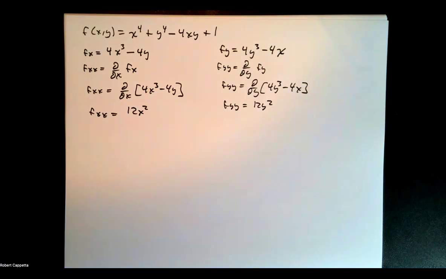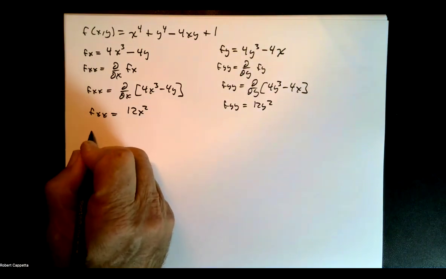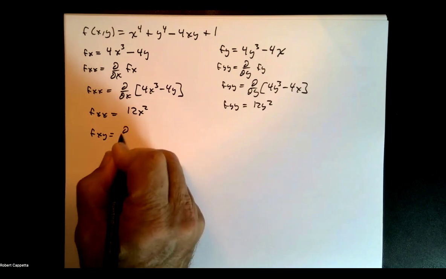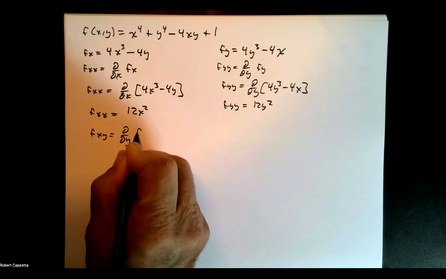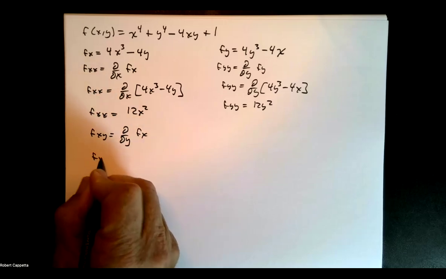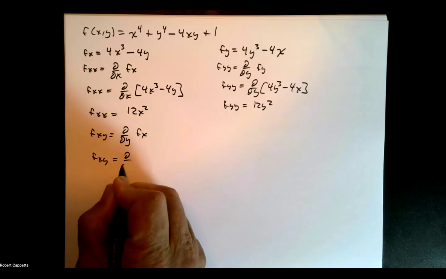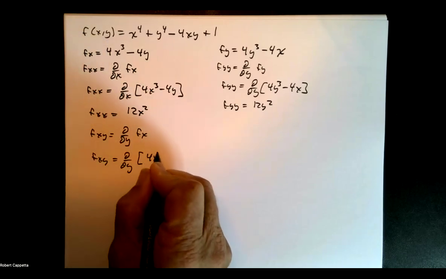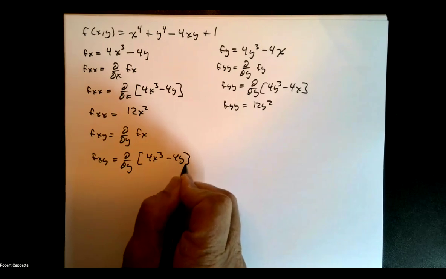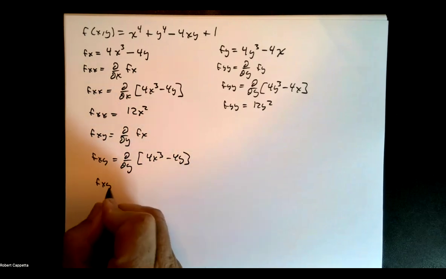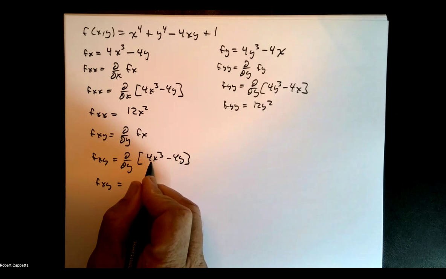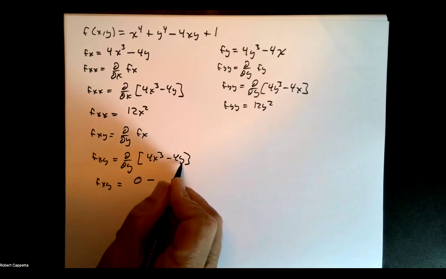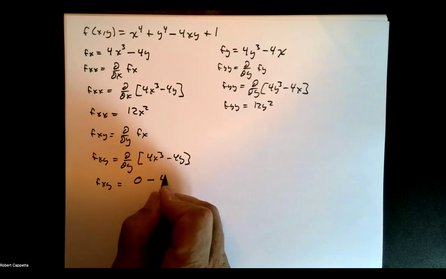But now I've got to go ahead and get f sub xy and f sub yx, and they should be the same. f sub xy is the partial with respect to y of f sub x. So f sub xy is the partial with respect to y of 4x cubed minus 4y. The partial with respect to y of 4x cubed is 0, minus the partial with respect to y of 4y is 4.